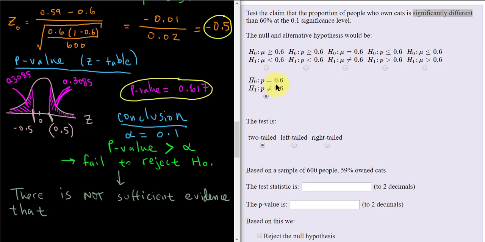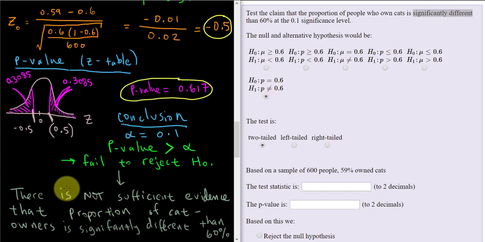We're not proving it, but we just do not have evidence against it. So we'll say that there is not sufficient evidence that p, the proportion of cat owners, is significantly different than 60%, period.